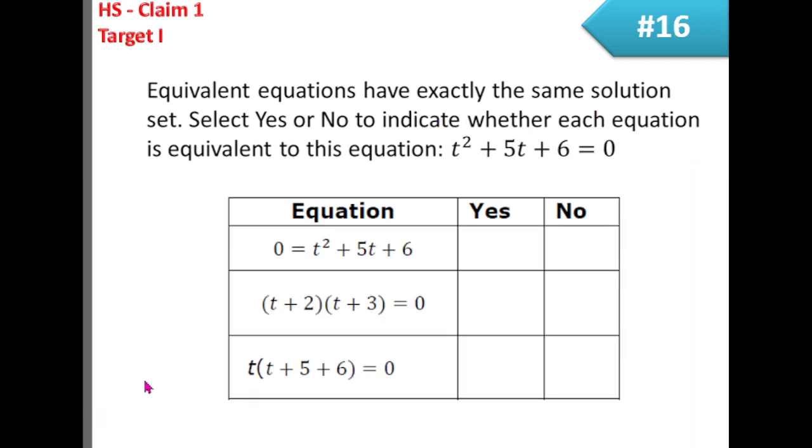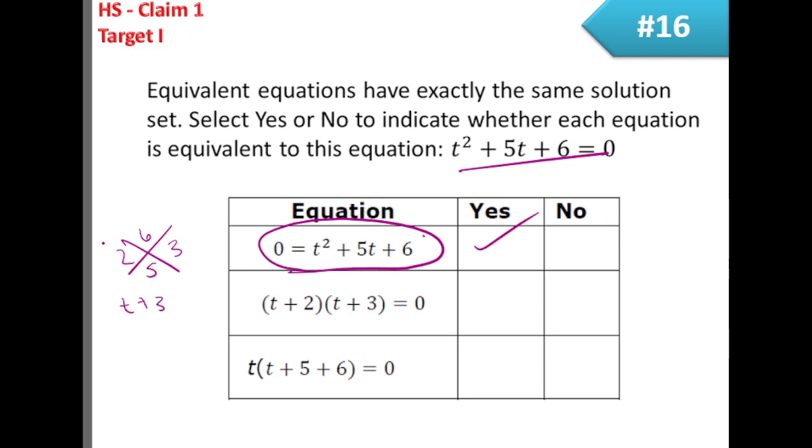Next problem here. Select whether they have exactly the same solution. Okay. So well, this is the same thing as this. So that's yes. It's just the zeros on the other side. When we use the x factor, so 6 is on top, 5 on the bottom, 2, 3.